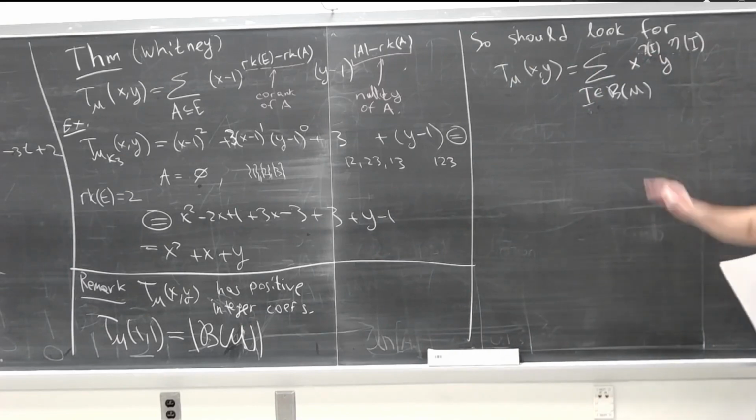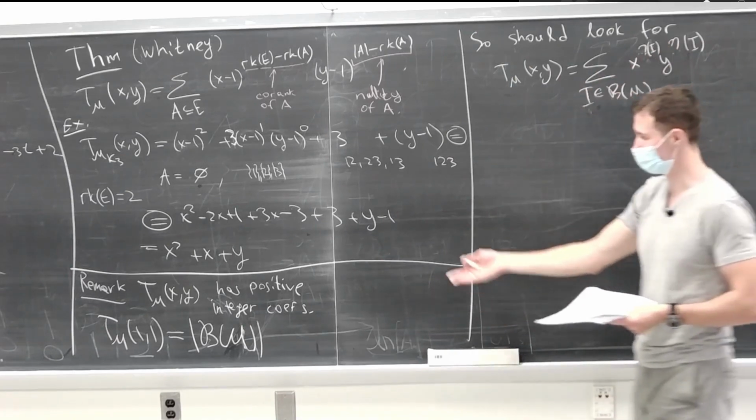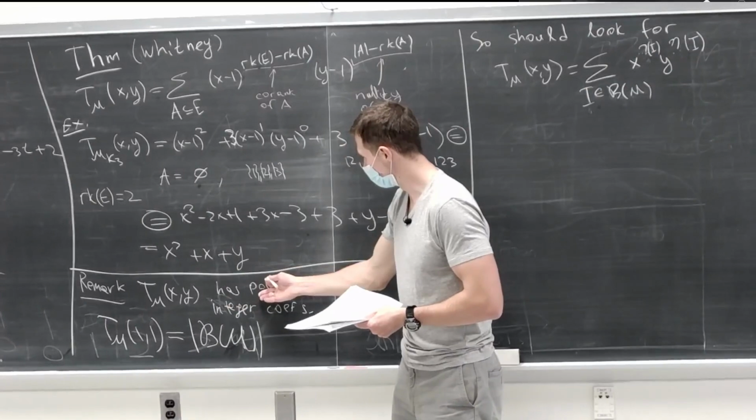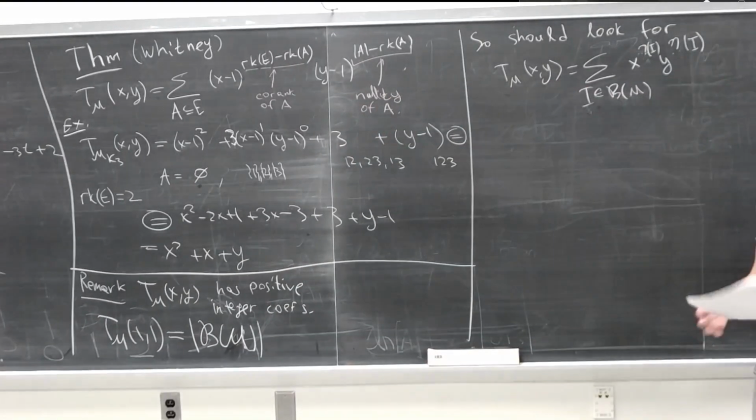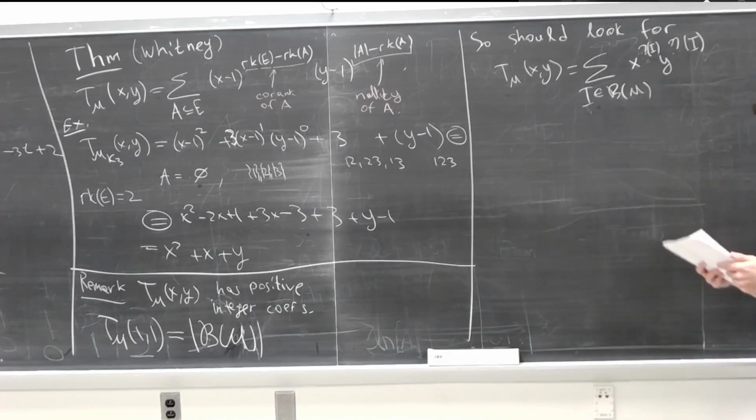That's the thing that should exist, right? Because if you have a polynomial with positive integer coefficients and it has this many monomials, clearly there should be a formula like this. How do I find a formula like this?